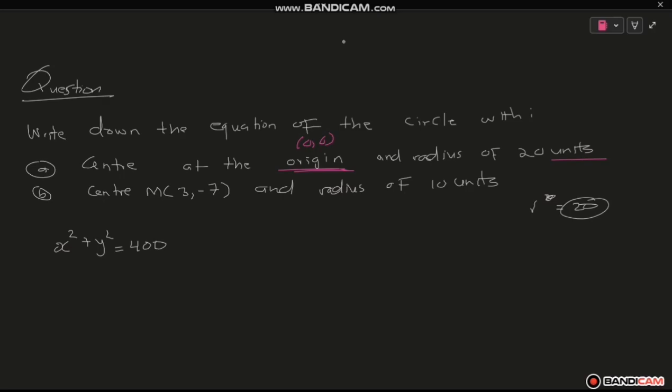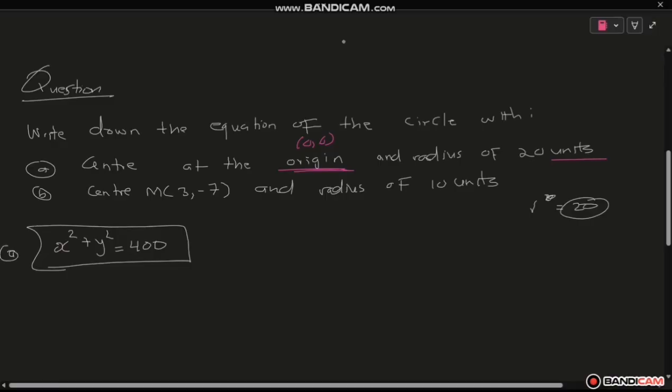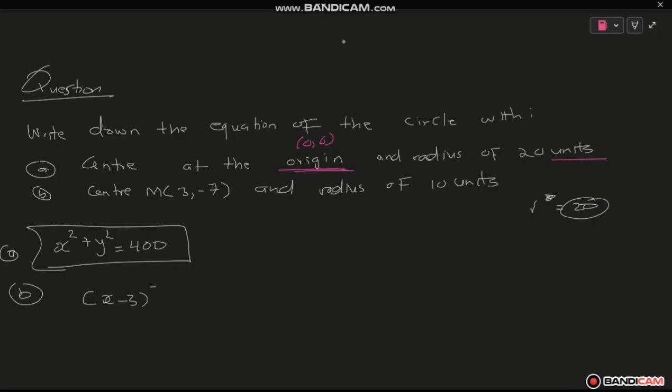Then B, they want us to find the equation of the circle if the center is 3, negative 7, meaning it will be x minus 3 squared plus y plus 7 squared, and the radius is 10 units, so r squared will be 100.